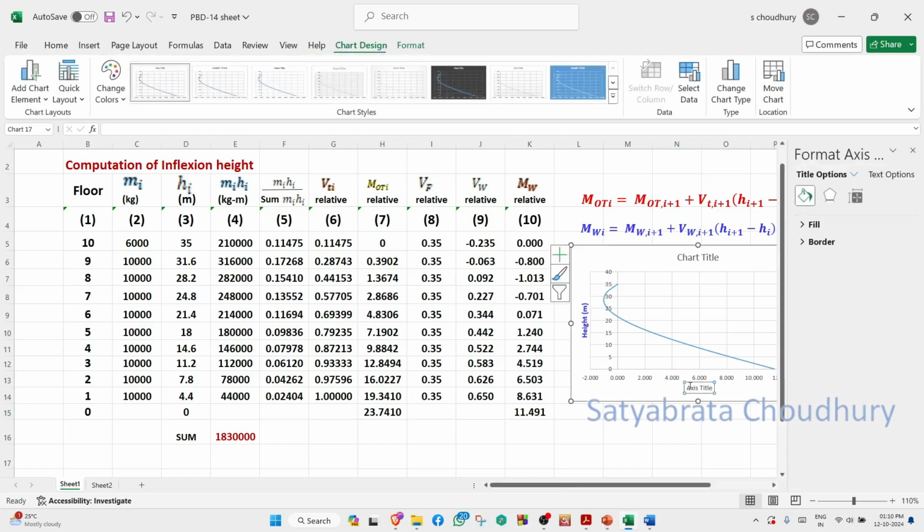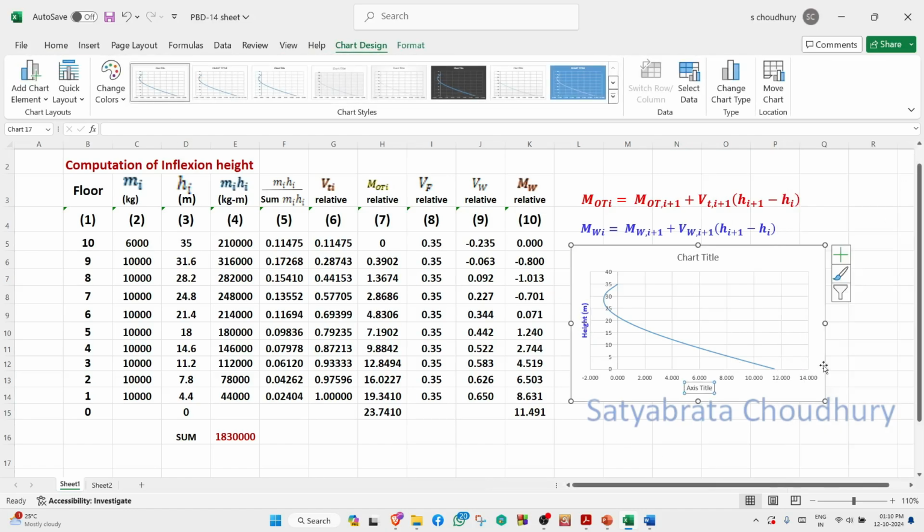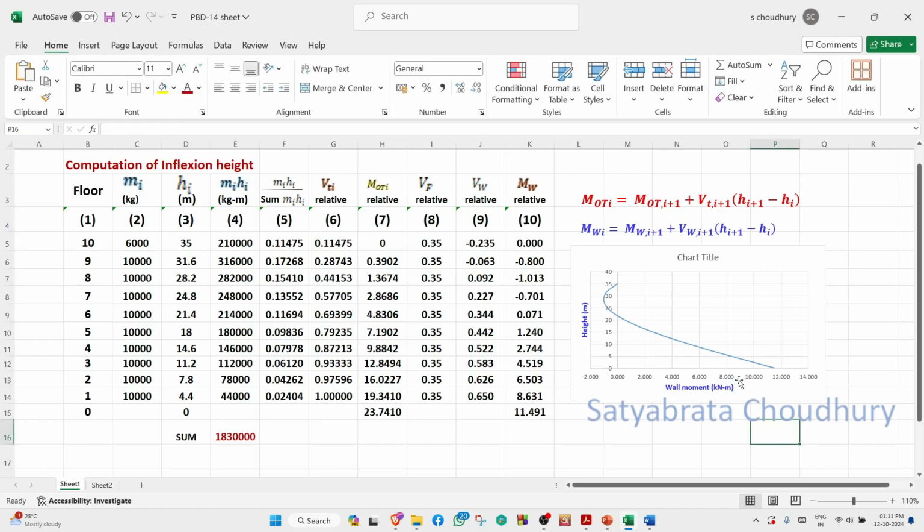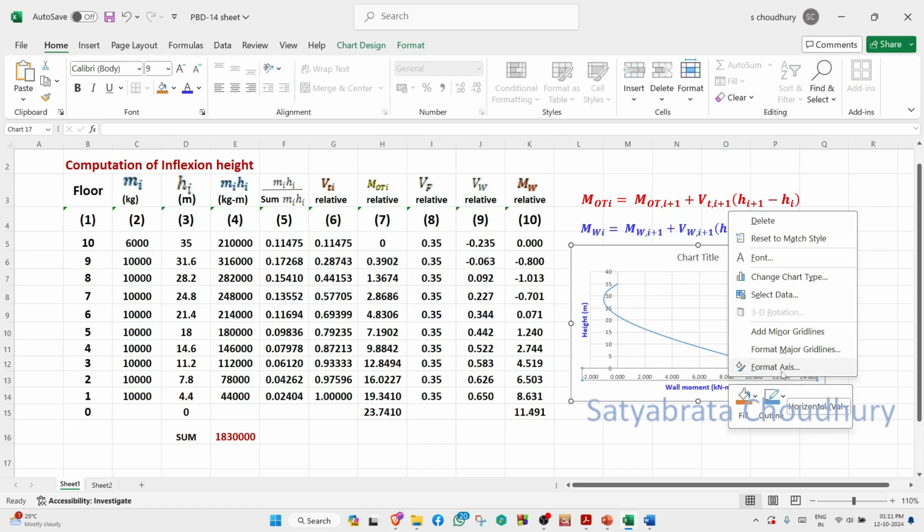And this axis is the wall moment. Basically it will be kilonewton meter, but these are relative, so you can write here, relative values. So wall moments are there. These are the wall heights.